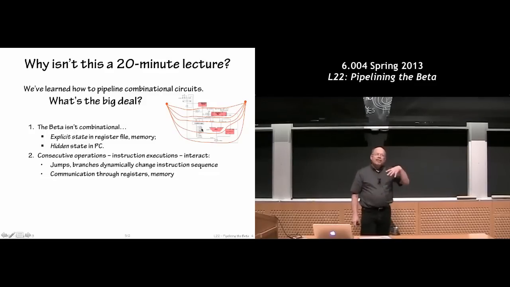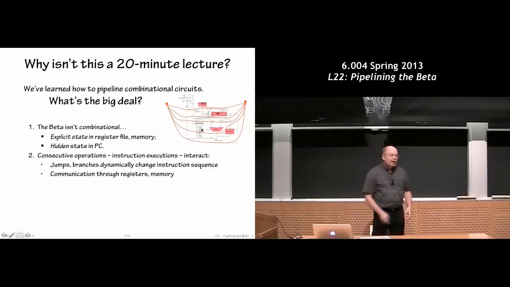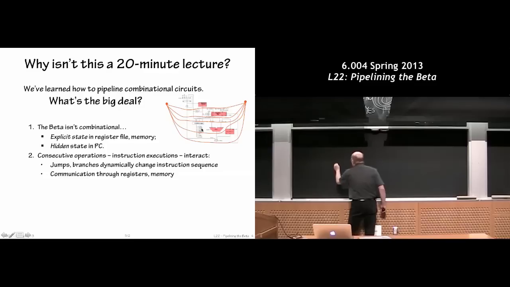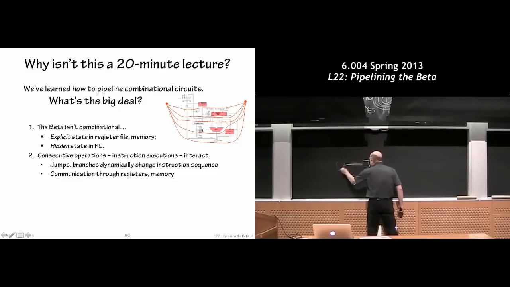So the instruction ahead of you, that came before you, has actually changed the state of the machine in such a way that when I'm the next instruction and I execute, I actually have to take into account changes that it made to the state. If you think about a combinational diagram where we pipeline a bunch of combinational blocks, we want to pipeline these guys.